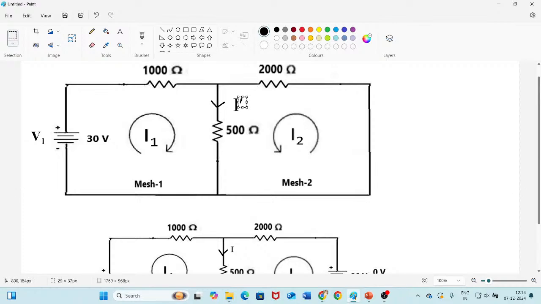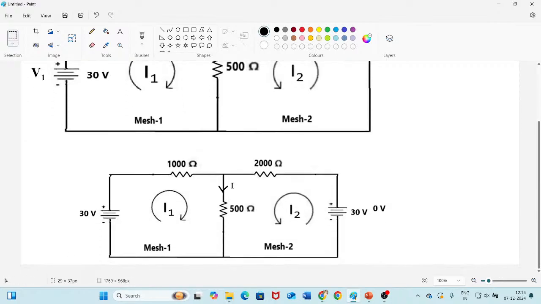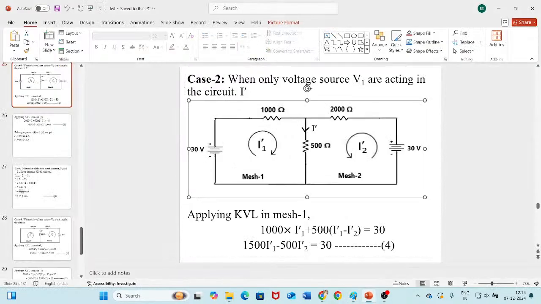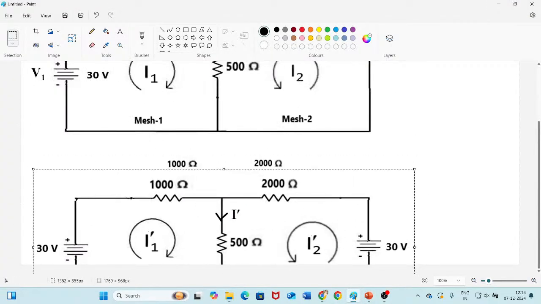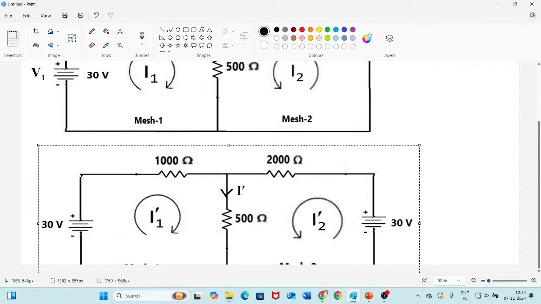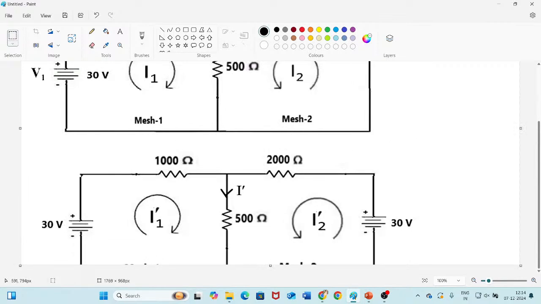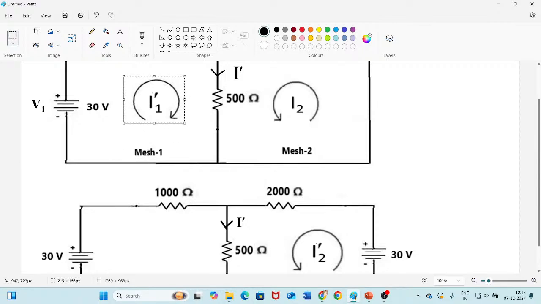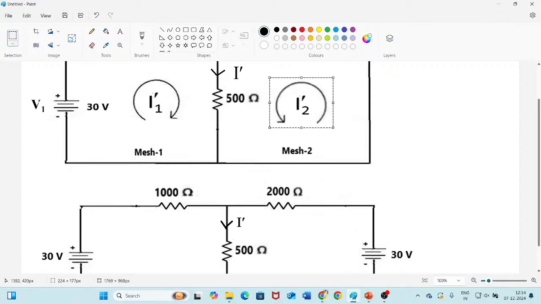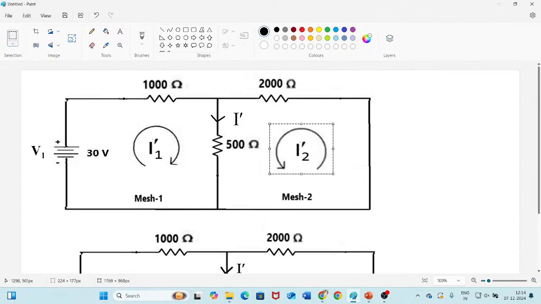So loop currents. These are my loop currents I1 dash and I2 dash.